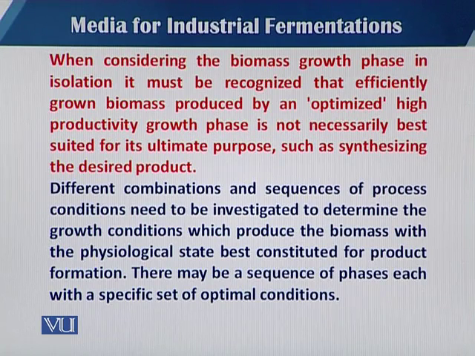Take an example, a carbon source. Carbon has a dual role. Number one, it is part of the building blocks of the cell. On the other hand, it also provides energy to the cell. If we have different choices of carbon sources, suppose glucose, methanol, starch, cellulose, we have to select which one is the best.